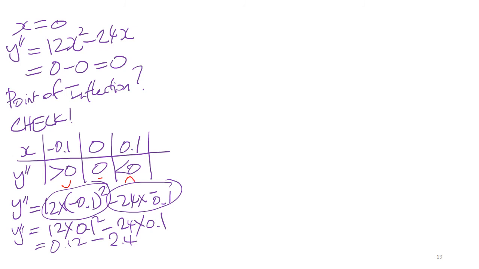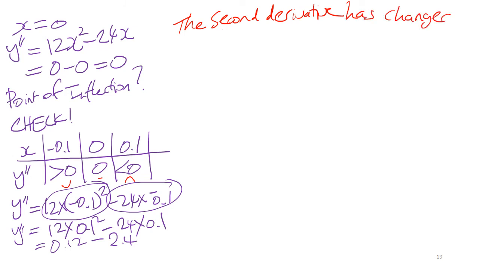So you can see the sign did change, or you can write a note: the second derivative has changed from concave up to down.